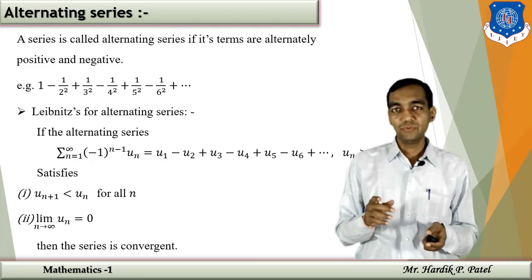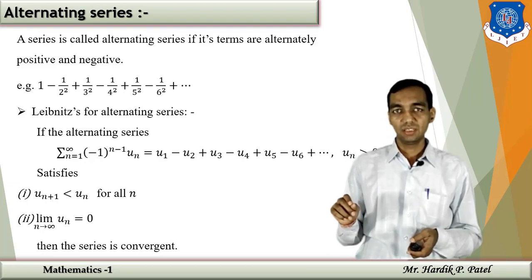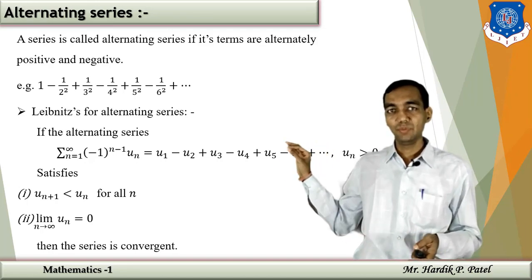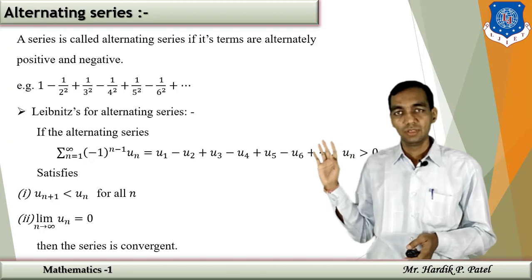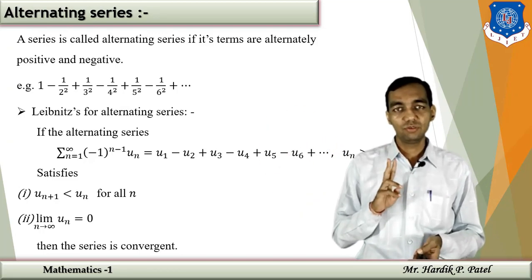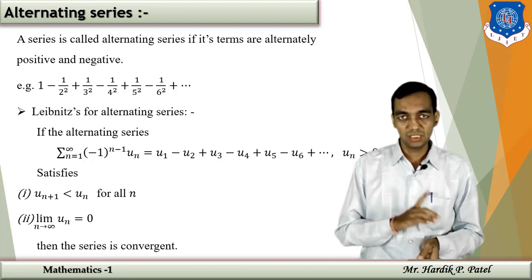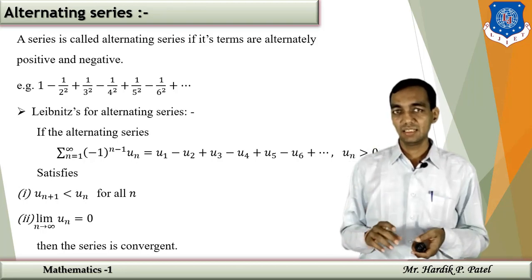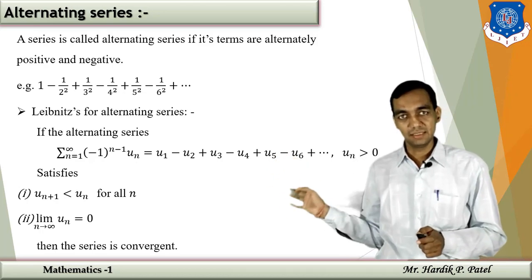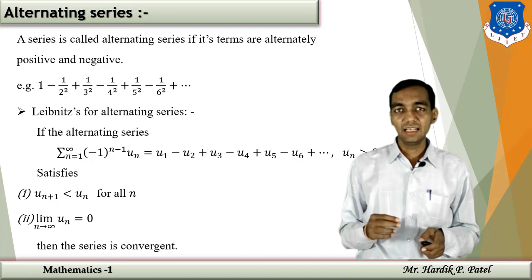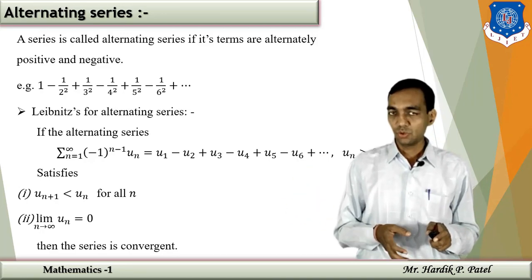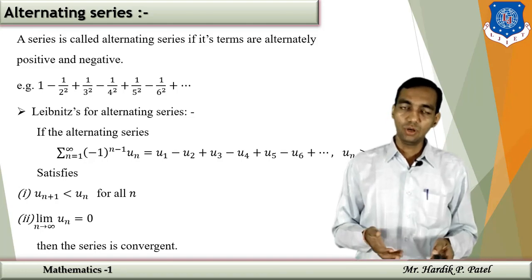If this series satisfies two conditions, un plus 1 is less than un for every n, and the limit of un is 0, then this series is going to be convergent. That means you have to check two conditions. First, the series is numerically decreasing, that means without sign plus or minus, it must be decreasing. And secondly, the limit of nth term without sign is 0. You can also consider it with sign or without sign.